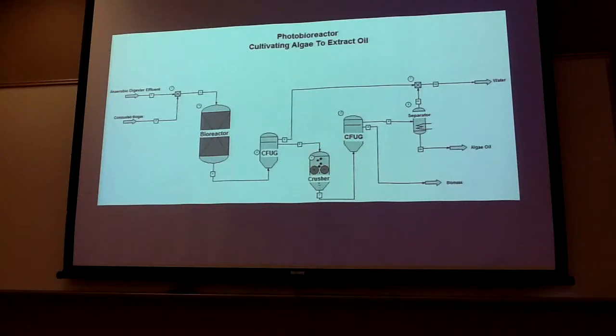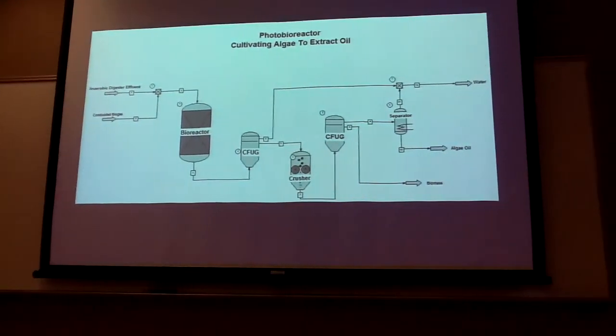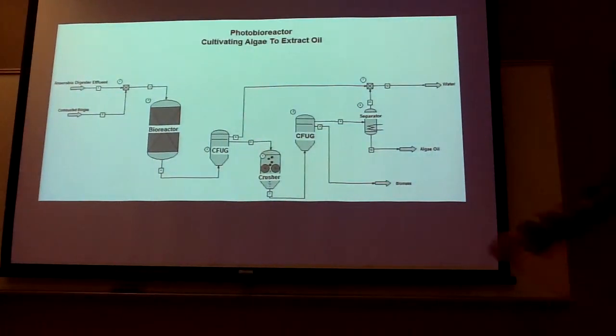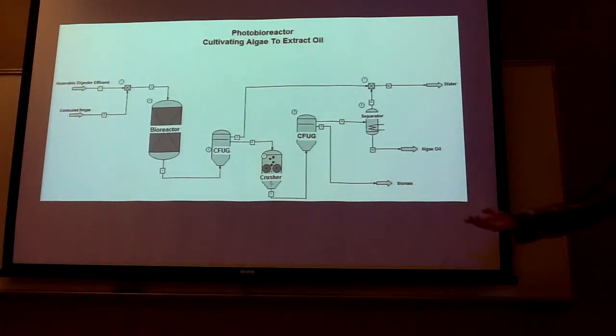So with a 10-acre photobioreactor producing algae, it then moves on to a centrifuge to remove the bulk of the water, and then on to our crusher that I mentioned earlier, and then another centrifuge removes more of the water, which will result in a flow of biomass, which can either go back to the digester to produce more methane, or it can often be sold as fertilizer.